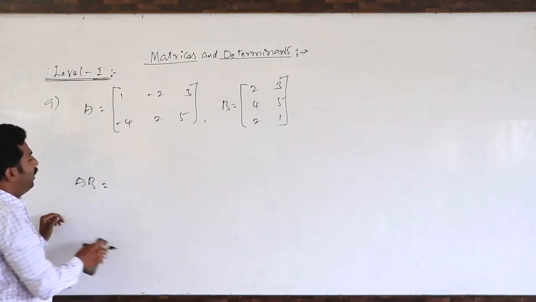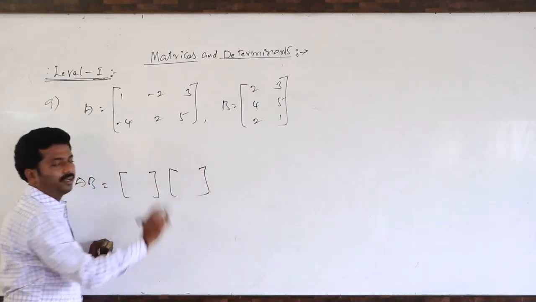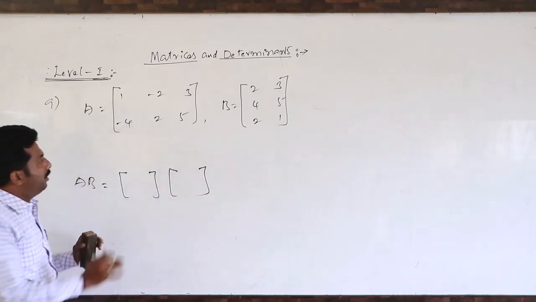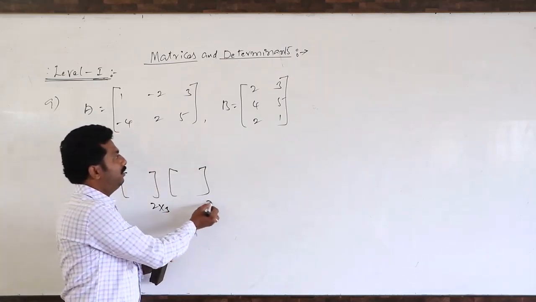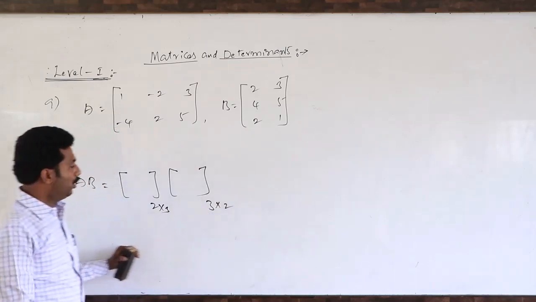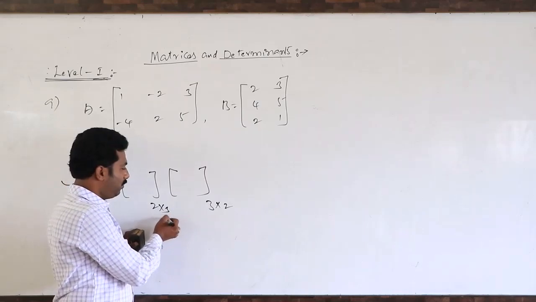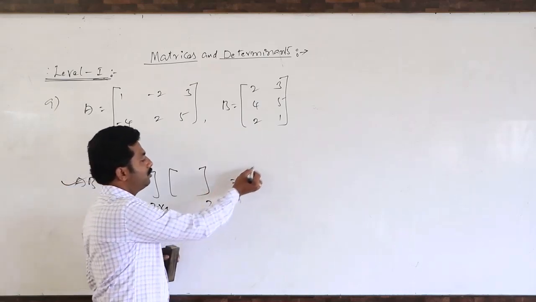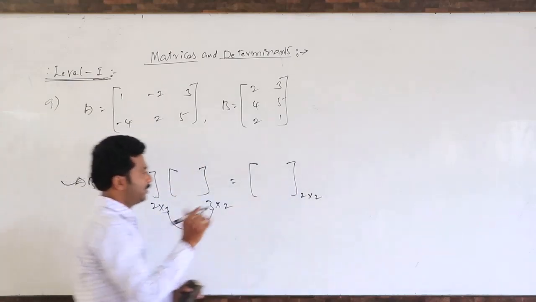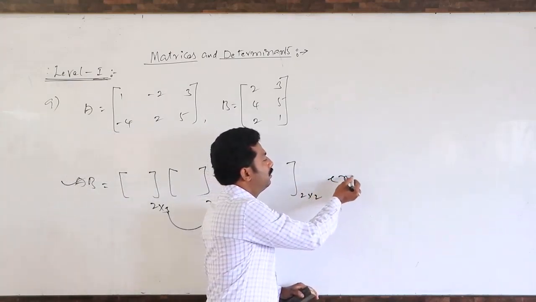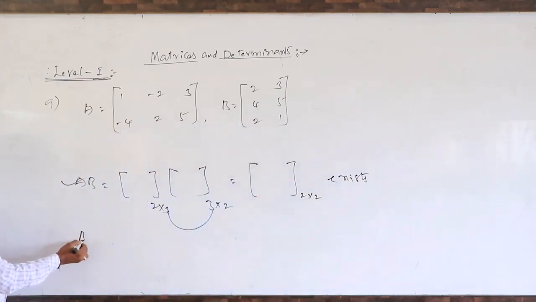See here, to calculate AB, this is the A matrix and this is the B matrix. What is the A matrix order? 2 by 3. B matrix order 3 by 2. So AB exists because the number of columns of A equals the number of rows of B. The resultant matrix is 2 by 2. Then does BA exist or not?